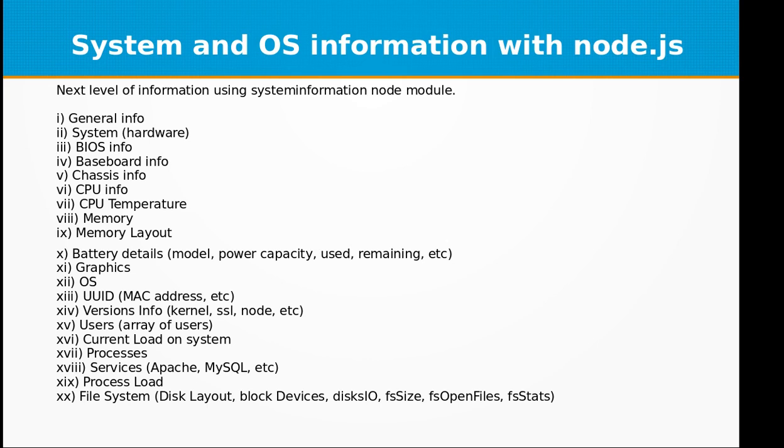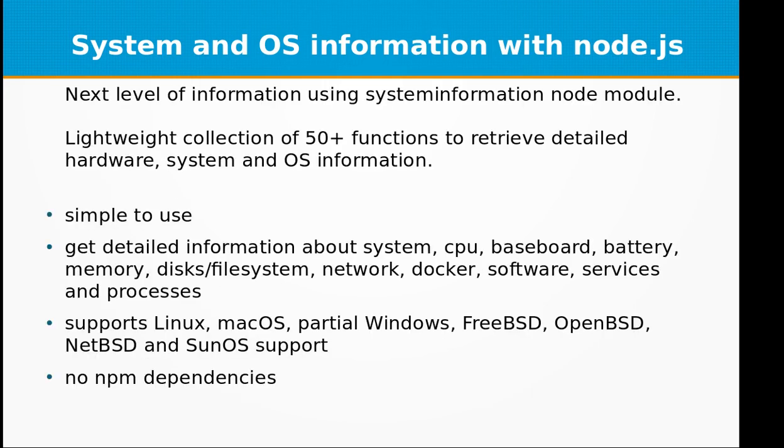Things like motherboard information, BIOS information, CPU temperature information, memory layout information, battery details, graphics, current load on system, services load, and file system are not available with your normal OS module provided by Node.js. It's a lightweight collection of 50 plus functions to retrieve detailed hardware, system and OS information.